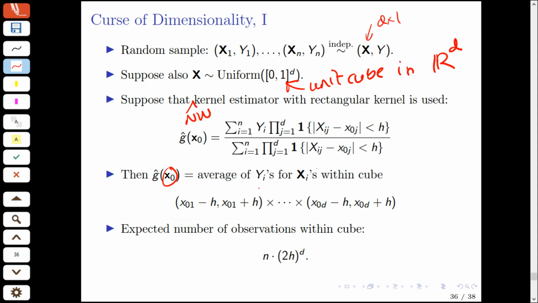Using our assumption that x was uniformly distributed, we could actually calculate the expected number of observations falling within this cube. And what we get, due to the uniformity, is that this expected number of observations is given by the sample size times the diameter to the power of d.